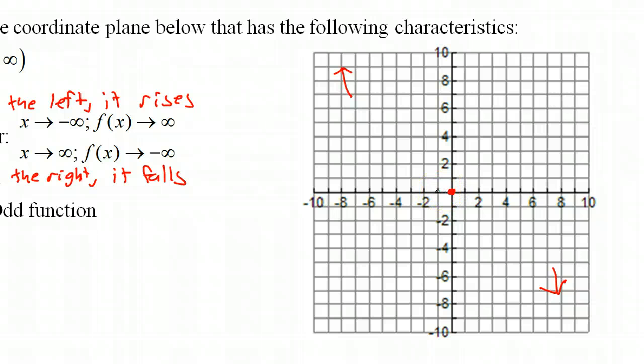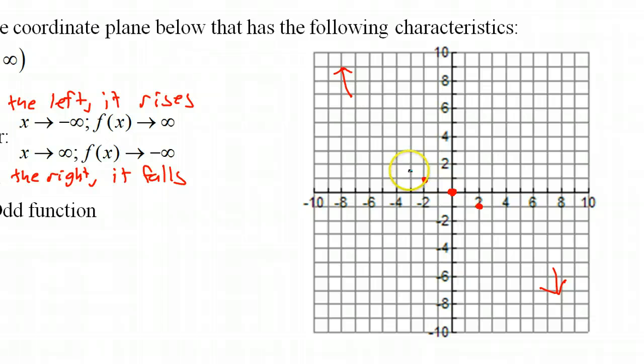We can do that. Let's start by making sure it goes through the origin. That'll make our lives easier. Every point I pick, if I draw a diagonal line through the origin, I'm going to include the point on the other side of the origin. So there's one point, there's another point.